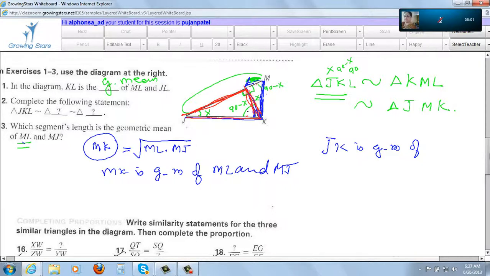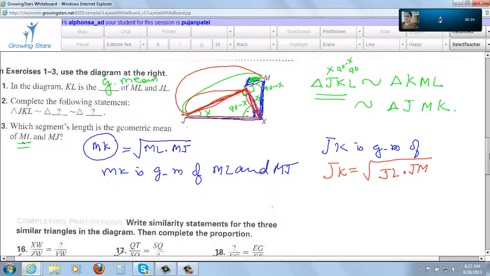It's JL and JM. Product of JL and JM. So JK is the root of JL times JM. So JK is the geometric mean of JL and JM. It'll come to you. You need to practice, okay? We'll draw different triangles, and when you write it down, with practice you'll be able to do it.